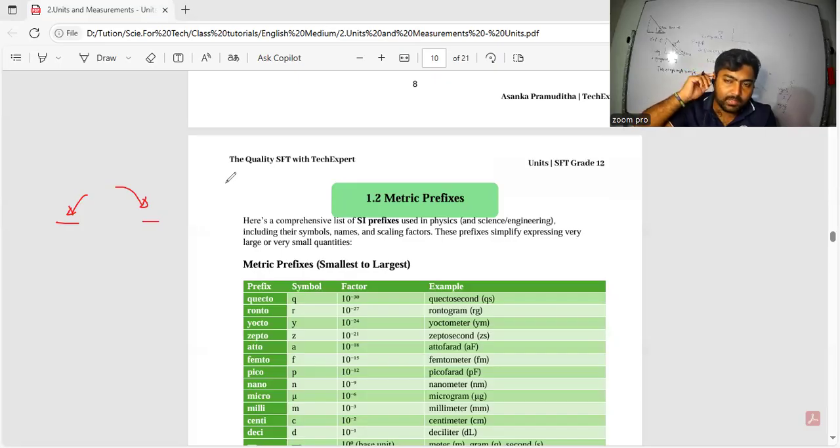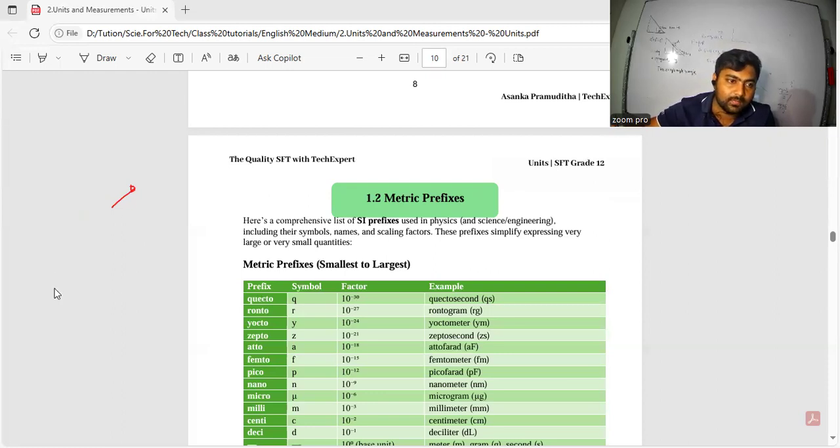Likewise, metric prefixes mean a kind of symbol which has a numerical value, that is important. A kind of symbol which has a numerical value is added in front of a unit.